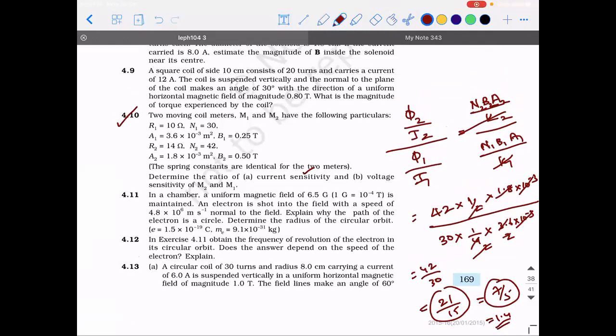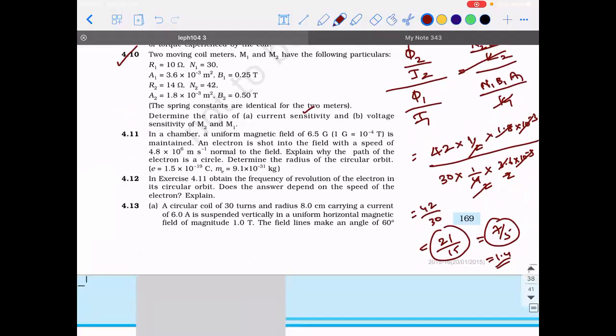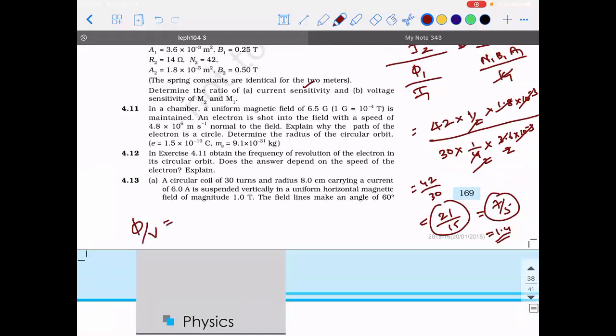What about voltage sensitivity? What is the formula for voltage sensitivity? Phi by V is equal to NBA by K into IR, correct?